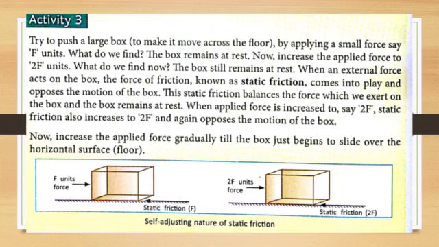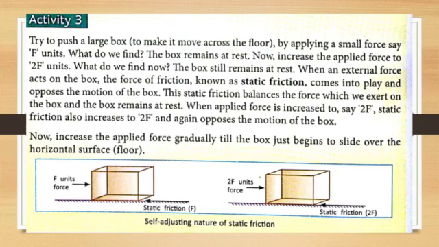Whenever you have to move a heavy object, you apply force and the object does not move. Then you increase the applied force to 2F unit. What do you find? The box still remains at rest. When an external force acts on the box, the force of friction known as static friction comes into play and opposes the motion of the box.